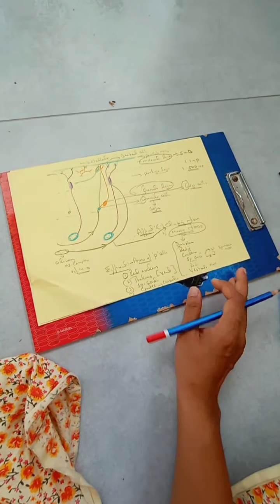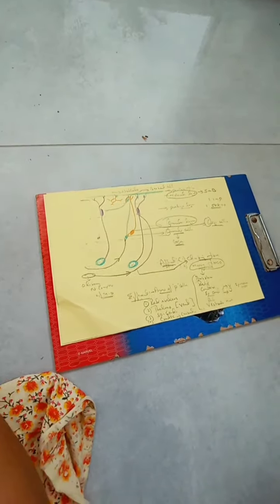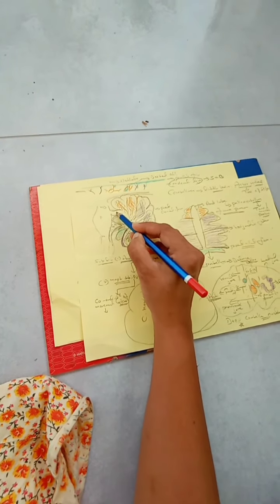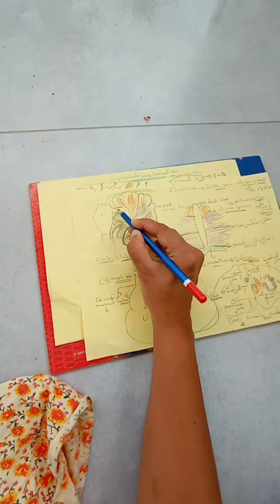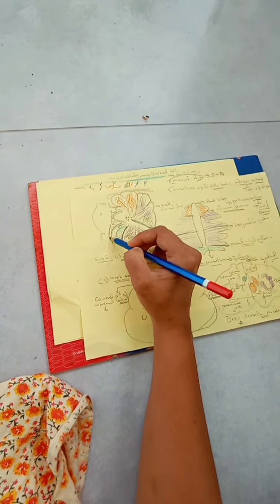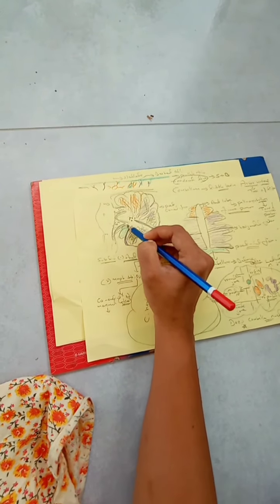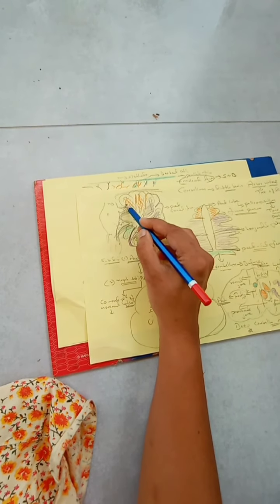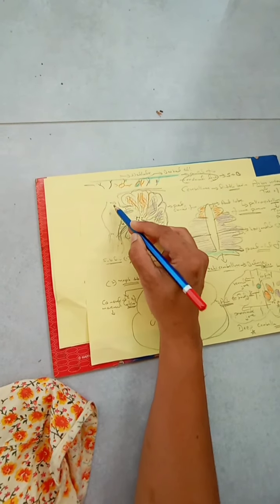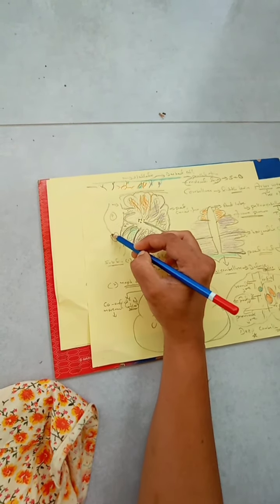But one thing let me tell you: the entire cerebellum is connected to the brainstem by three cerebellar peduncles, that is the superior, middle, and inferior cerebellar peduncle. These peduncles connect the cerebellum to the midbrain, pons, and medulla.